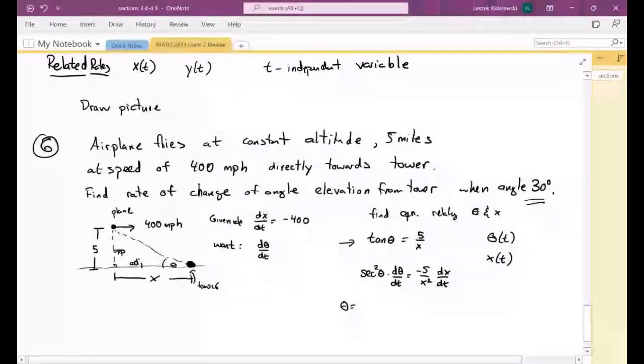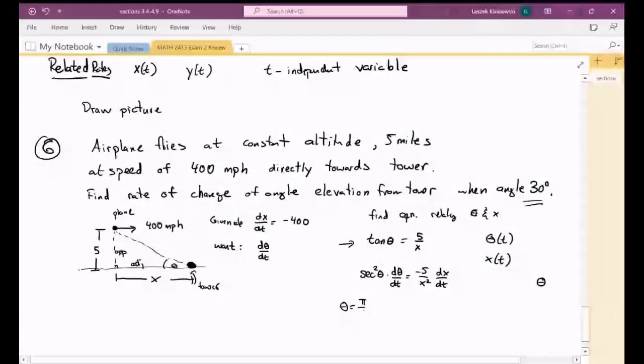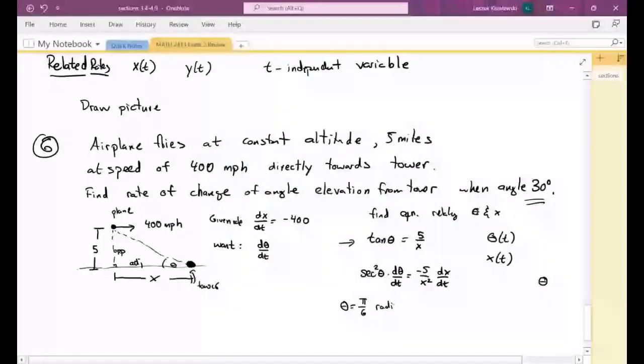There's a danger that anytime theta pops out of a trig function and multiplies something, theta needs to be in radians. Radians relates angle measures to distances, right? So just to be safe, 30 degrees, we'll write pi over 6 radians. I don't think it matters in this case. Okay, and we know dx dt is negative 400. That was the given rate.